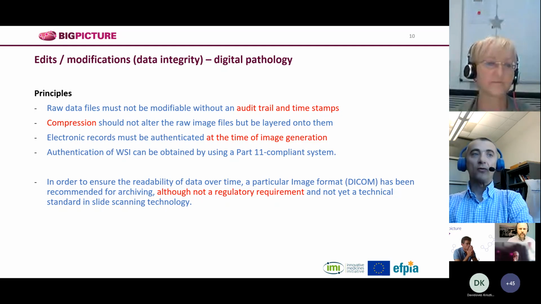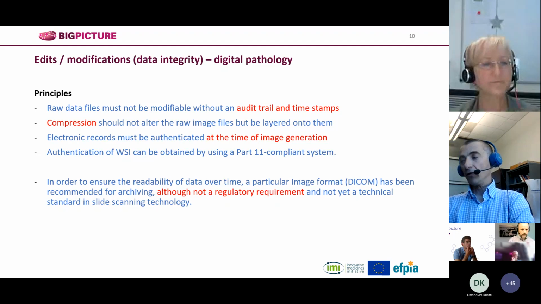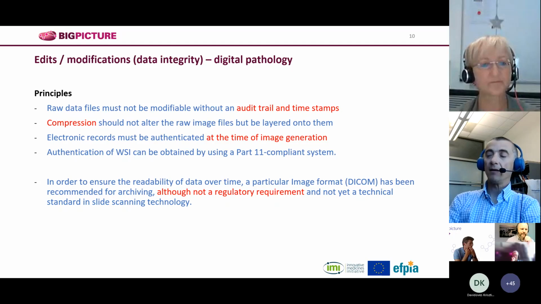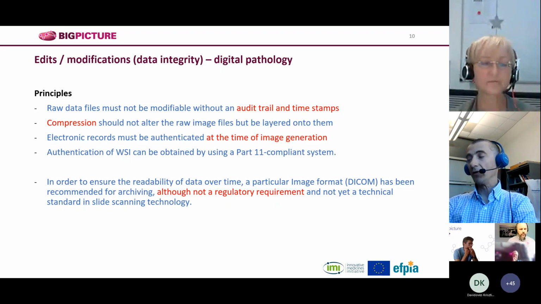So in terms of the readability of the data over time, again, there is nothing here in the regulation, but the consensus across industry partners is that for long-term readability, and we'll talk about that when we talk about archiving, and to get away from proprietary formats, a trend is exactly as we are suggesting in the Bigpicture Consortium, to use a format like DICOM, which will be prone to containerization of metadata, but also prone to readability over time.